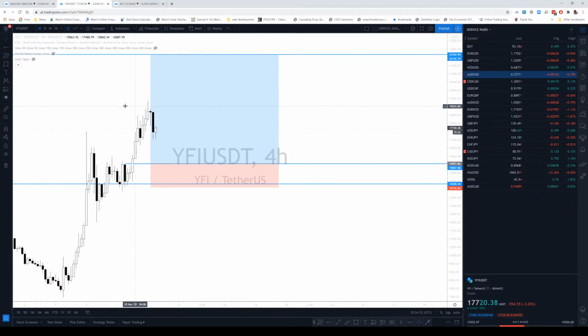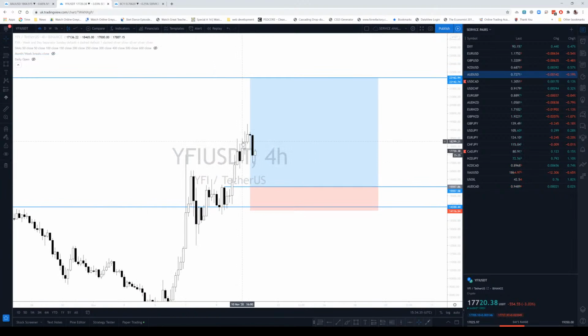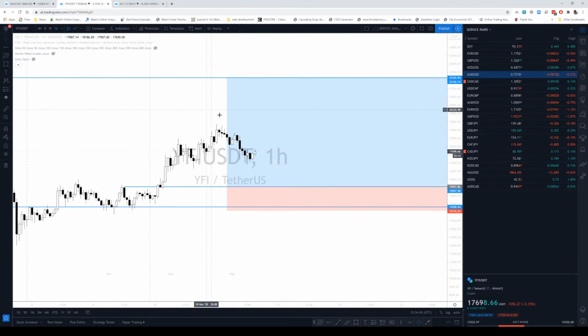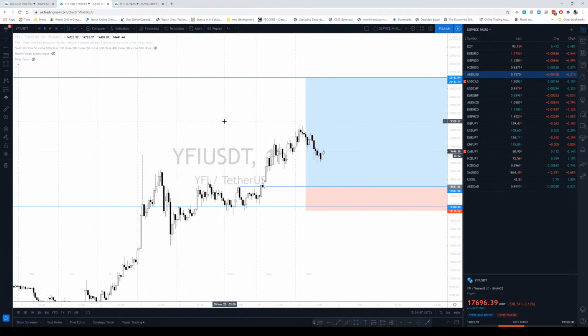Or from where we are now, institutional order flow is bullish, so this down candle should hold and keep sending price higher. So on the hourly, this could hold and continue sending price higher.